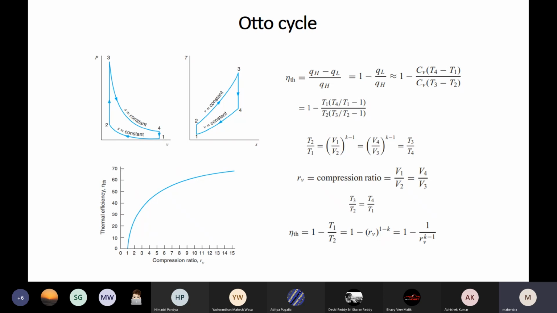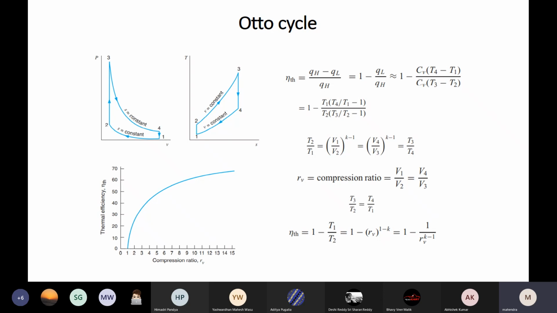In the heat rejection process also, this is constant volume. That's what Cv, T4 minus T1. This is the heat addition process, Cv, T3 minus T2. This is QH, this is QL.